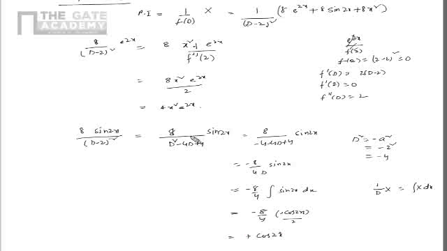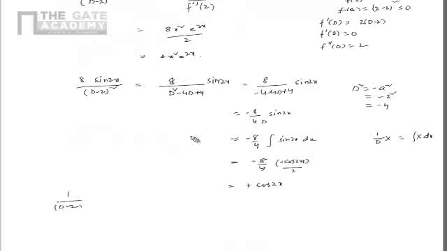Okay, and now the remaining term is (D − 2)² x². Here we have to apply rule number 3, which was basically expanding this in a reverse way. So let's take 2 common here, so it will be 4.